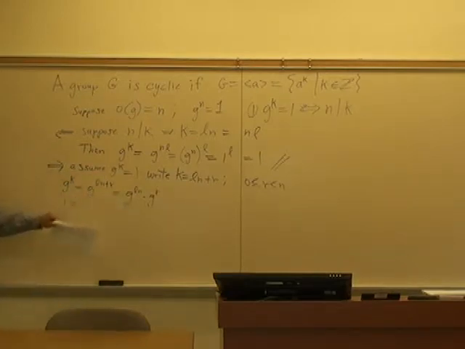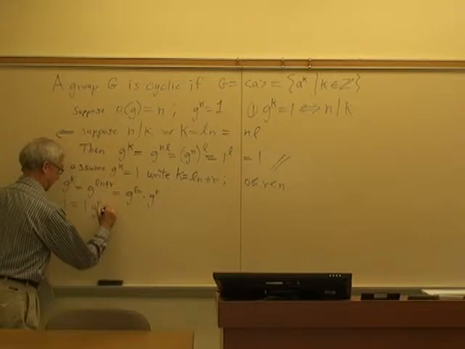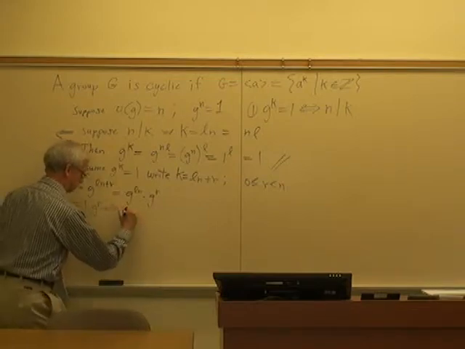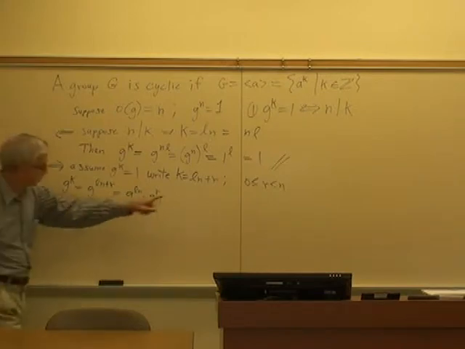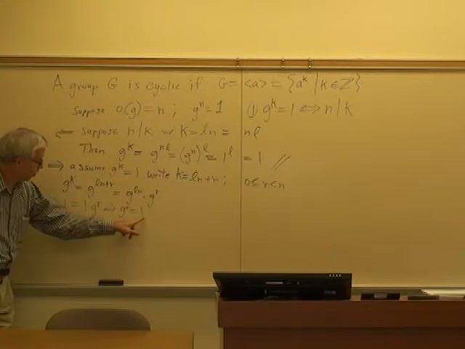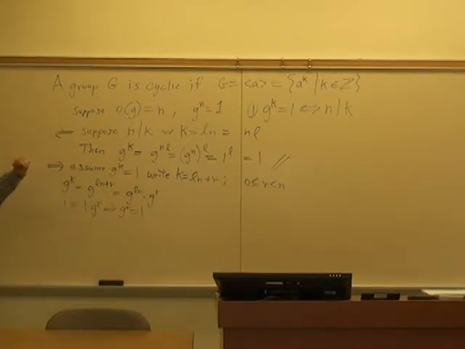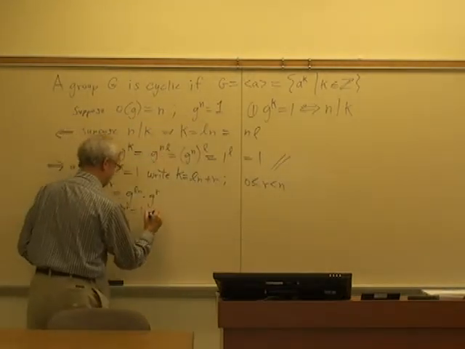And what's g to the Ln? 1. So I found a number smaller than n, raised to that power, I get the identity. That's a contradiction of the fact that the order is n. The order of g being n means that's the smallest one that does that. That's a contradiction.